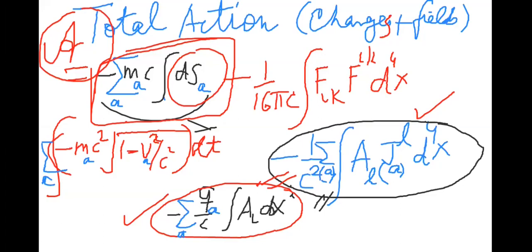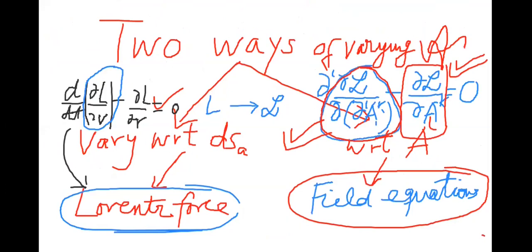Okay. So what I was then telling you is that there are two ways of varying the action, and once you write the whole action, then you can go either way. In the earlier approach which you learned last semester, the field equations were given separately, and the Lorentz force was written down separately as if there were no connection. But now you know that both of them are coming from the same A, right?